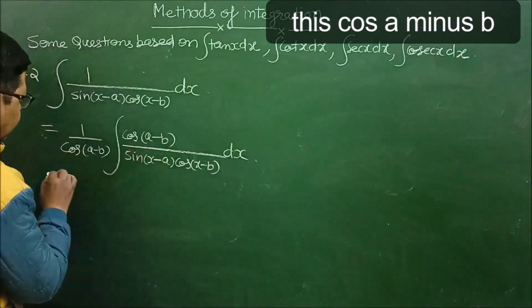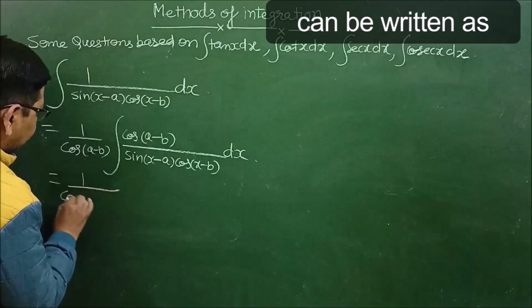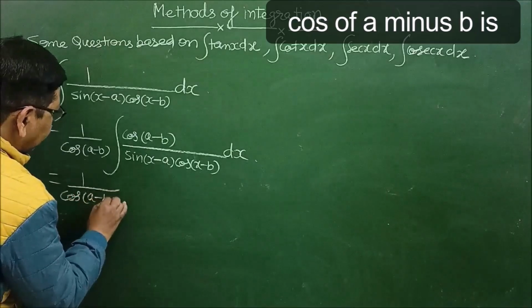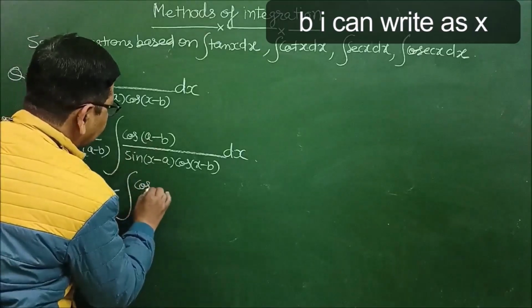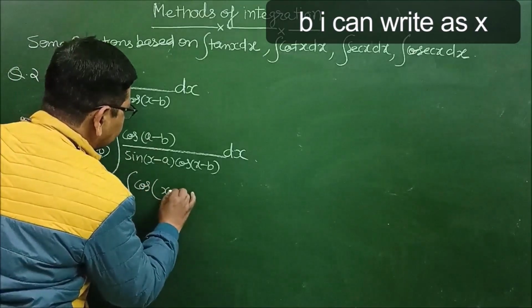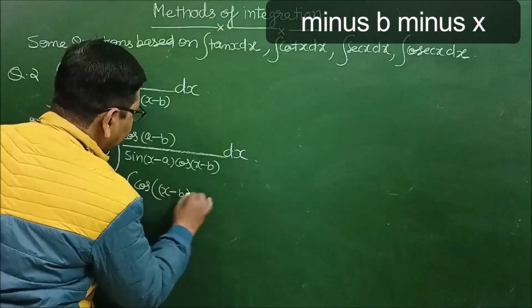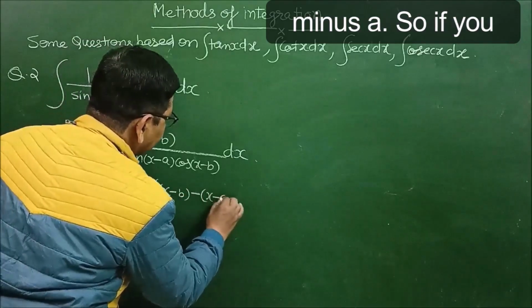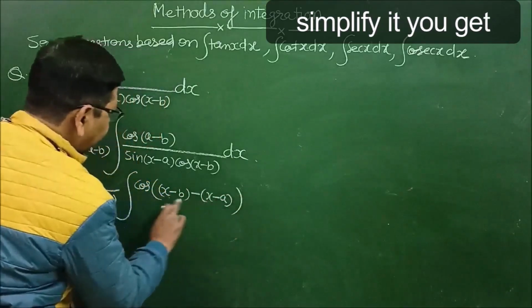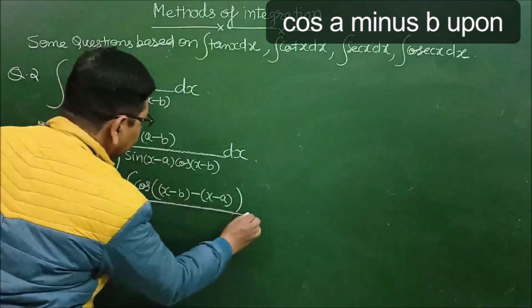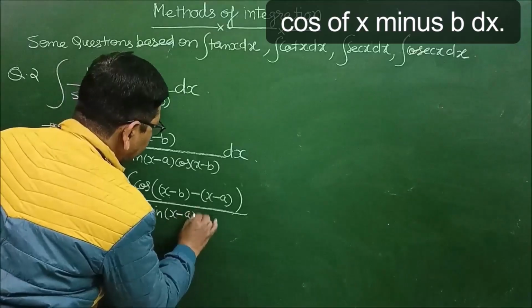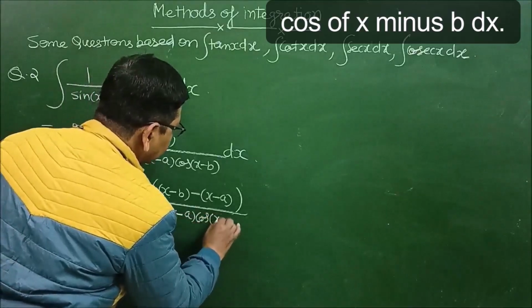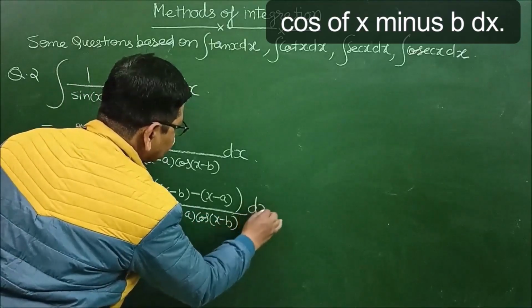Now this a minus b in cos (a minus b) can be written as (x minus b) minus (x minus a). So if you simplify it, you get cos (a minus b) upon sine (x minus a) cos (x minus b) dx.